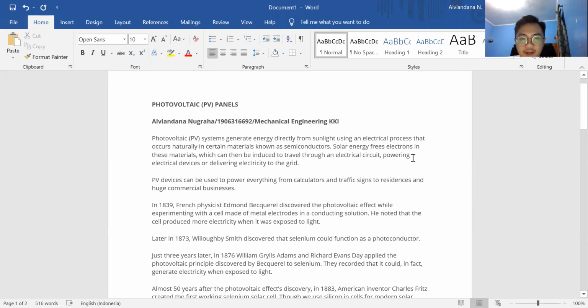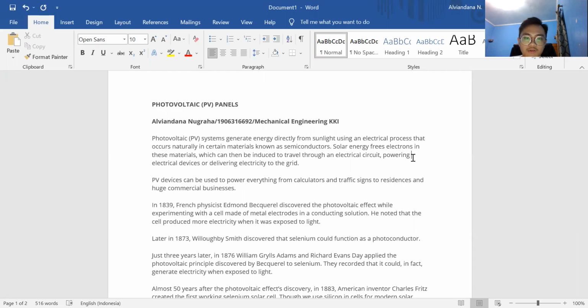Now, these PV devices can power almost anything from calculators, traffic signs to residents, and huge commercial businesses.